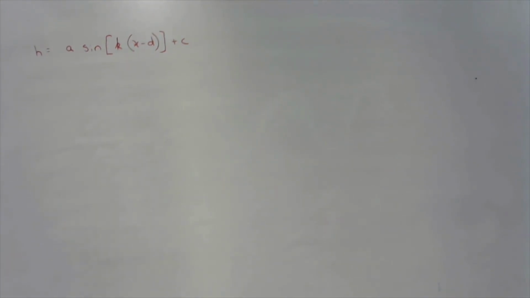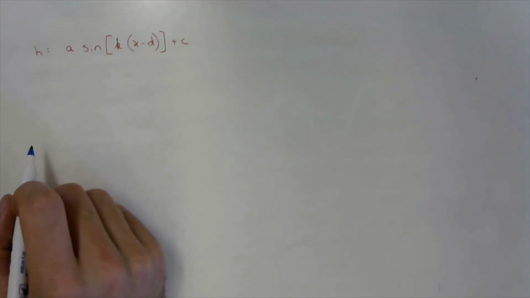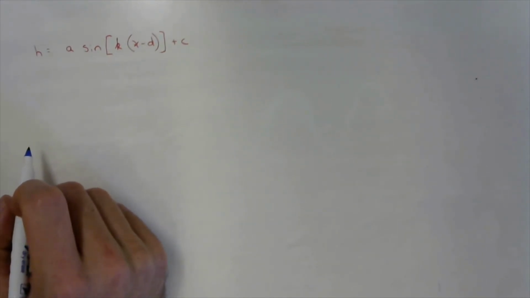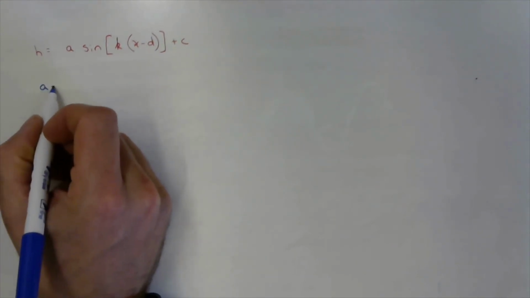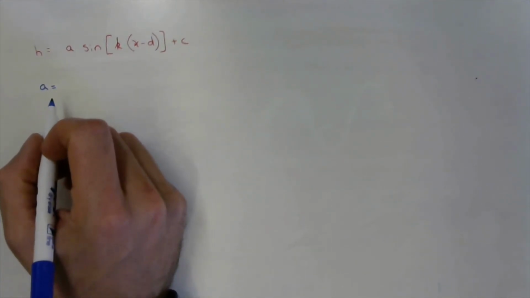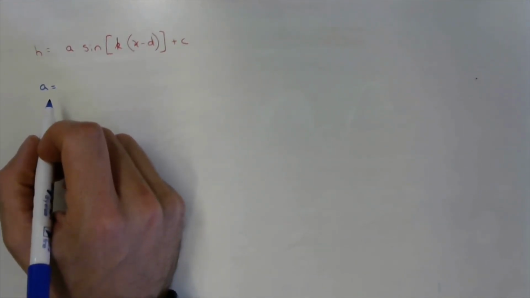Do you guys have little notes in your book at all? Yeah. Little like in brackets? Amplitude is half the, yeah, you have all that? Okay, good. So we're told that the maximum height is 7.5 and the minimum height is 1.5 meters above the ground. And amplitude is half the difference between the max and the min heights.